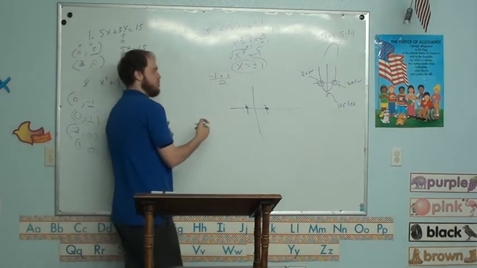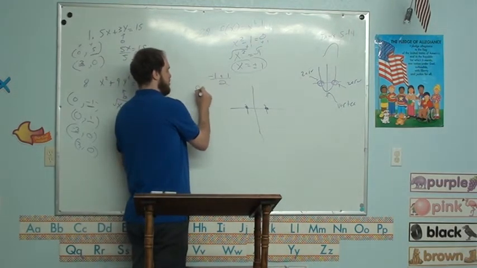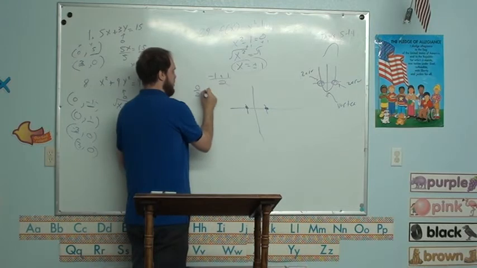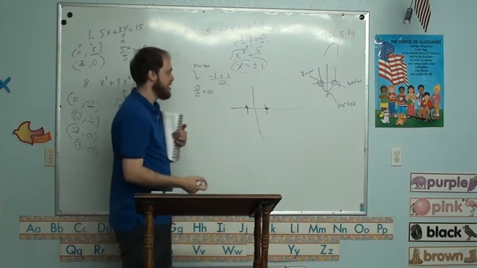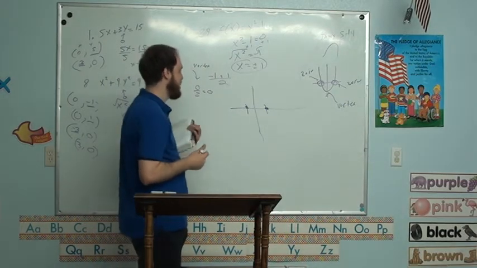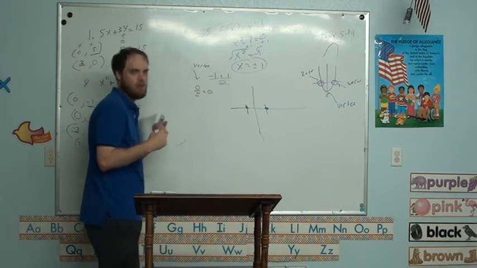Negative 1 plus 1 is 0, 0 divided by 2 is of course 0. So what that tells me is that the x-coordinate for my vertex is 0.